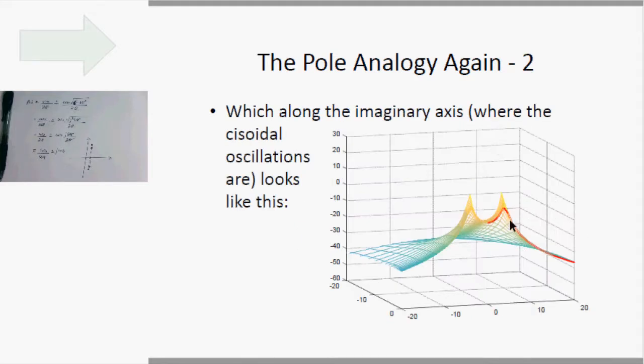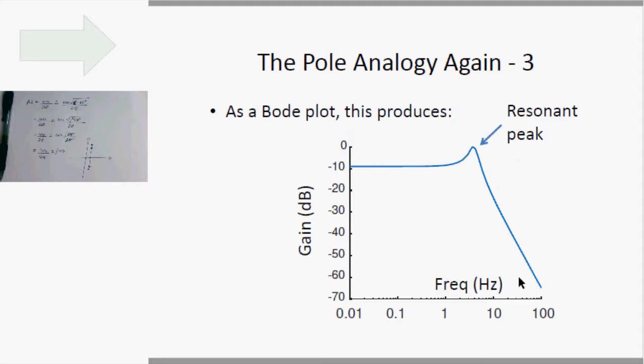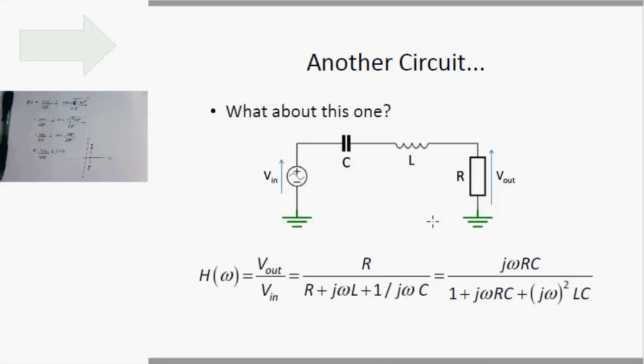So if I just look at what happens along the imaginary axis, I get this type of curve, and if I plot this on a Bode plot, against the log of frequency rather than the linear frequency scale being used here, I would end up with this type of thing, which is the type of plot we've seen before, with the resonant peak at approximately the resonant frequency.